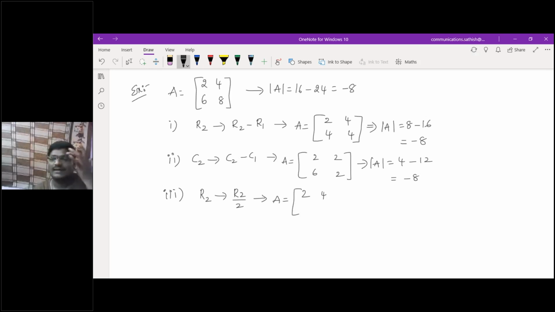What is the matrix A now? I am not disturbing R1, I'm just disturbing R2. R2 by 2 means 6 by 2 is 3, 8 by 2 is 4. You got my point? Yes, sir.